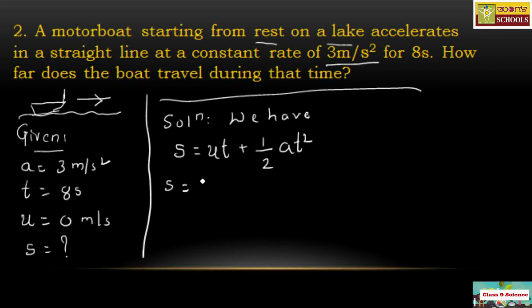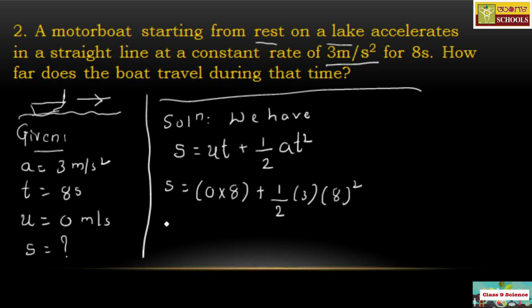S is equal to, here U is 0 because they have mentioned very clearly that the motorboat is starting from rest, and hence initial velocity will be 0. 0 into 8 seconds, which is equal to 0 again. Acceleration is given, that is 3 meter per second square, and time is 8 square.